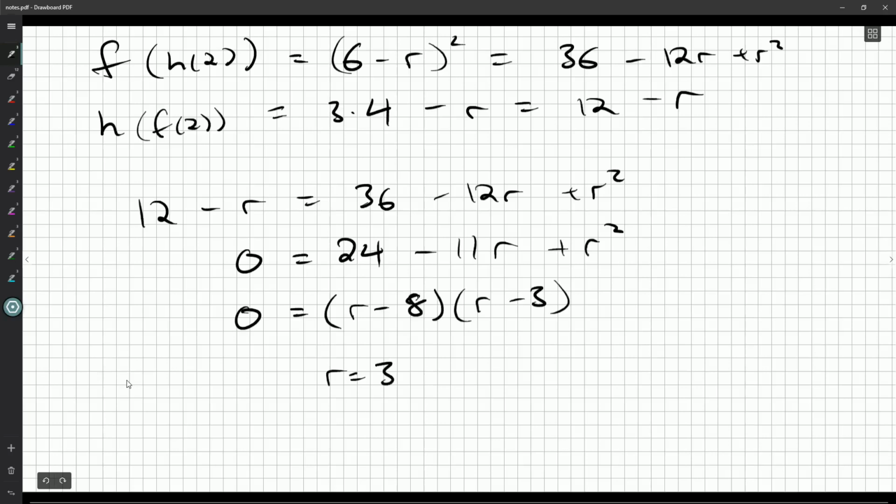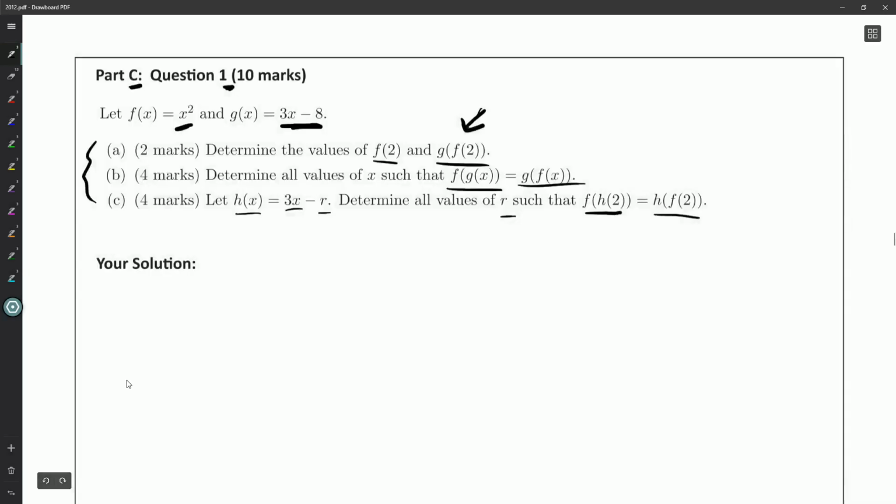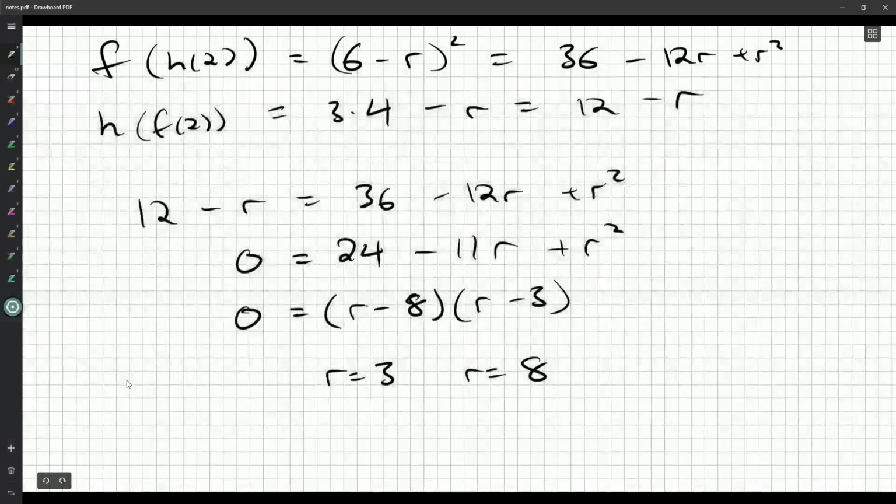So r equal to 3 and r equal to 8. And if we check, this lines up with what we learned in B part because we start with r being 8. It just turns out that 3 also does the trick. So 3x minus 3 or 3x minus 8 will give us what we want.